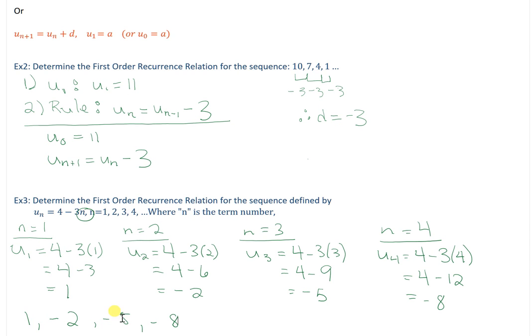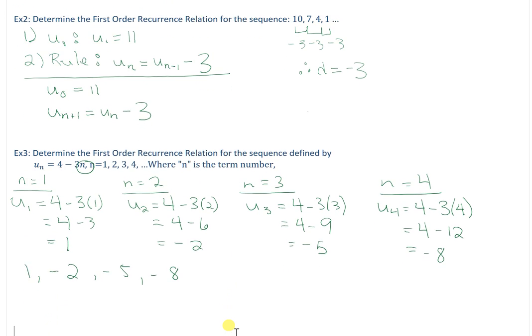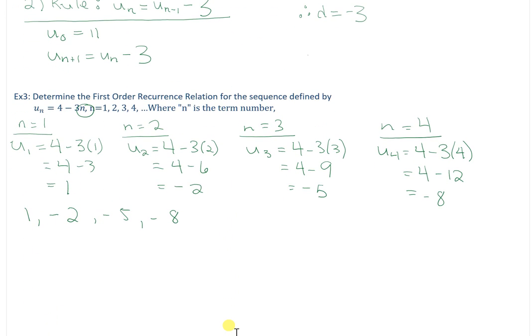So let's give that a go. As I said, 1 to negative 2, that's subtracting 3, subtracting 3, subtracting 3. So D is negative 3. So I'm just going to do it in one of the formats.